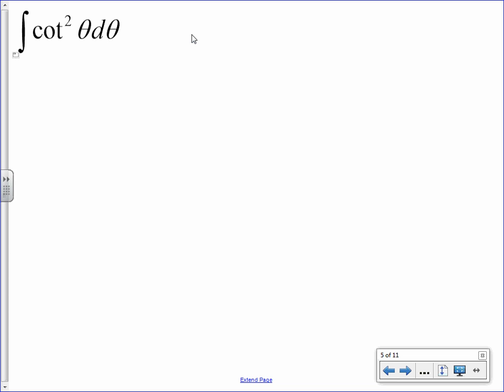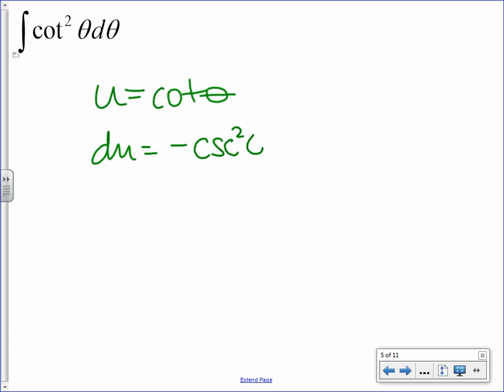If we let u be cotangent, what would du be? Negative cosecant squared. Will that work? No. We cannot do this substitution because we don't have negative cosecant squared theta to replace.